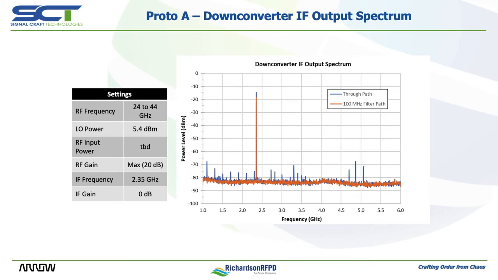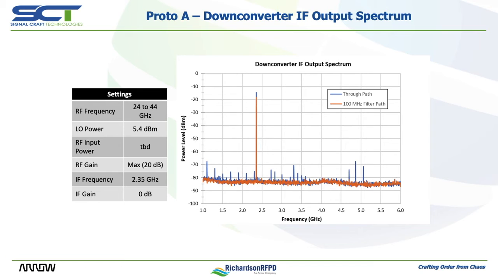On this slide, we present a snapshot of the IF output spectrum. For this test, the RF input was set to 32 GHz and the IF to 2.35 GHz. The IF frequency was selected to align with the center of the 100 MHz filter of our filter bank. The blue curve represents the entire 1 to 6 GHz spectrum present at the IF output when the filter bank is bypassed.